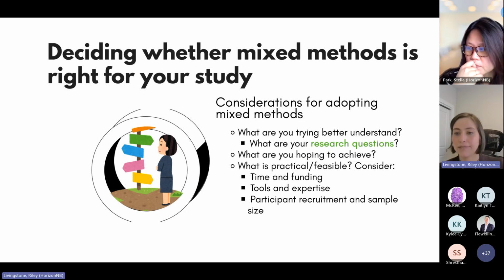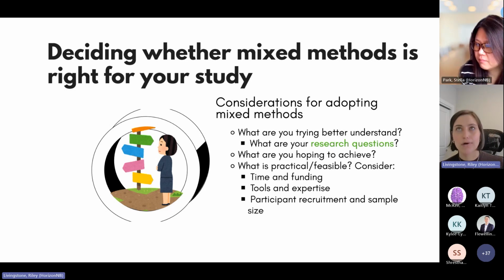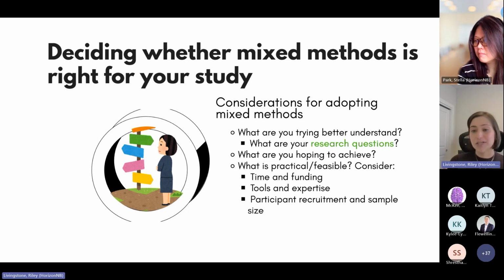For example, if your objective is to influence policy, like I was saying on the last slide, or implement a new intervention, or make your findings more actionable or compelling for decision makers, mixed methods research can be highly effective. On the other hand, if your primary goal is to publish in a specific journal, you may want to consider the journal's openness to mixed methods research by reviewing its history with such studies.